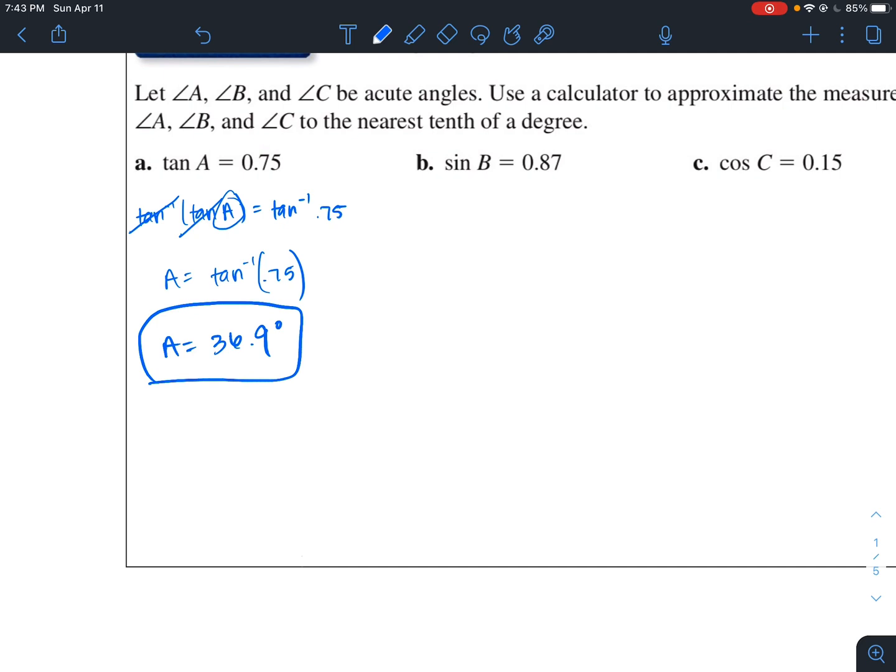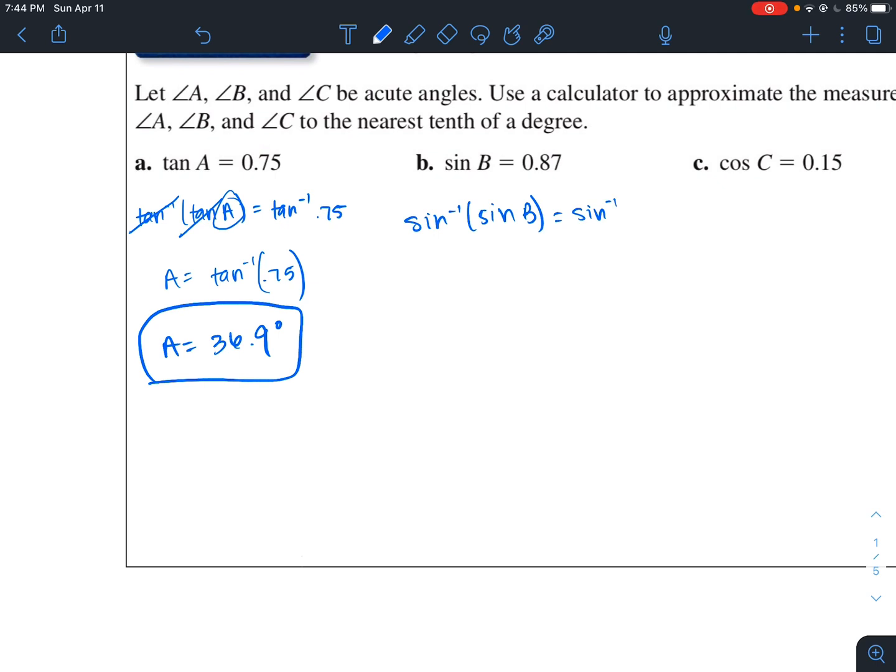So I have sine of angle B is equal to 0.87. Now B is an angle and I want to find that angle, so in order to get rid of the sine over here I need to do a sine inverse. So sine inverse of sine of B is equal to, now because I did sine inverse on the left side I need to do a sine inverse on the right side.